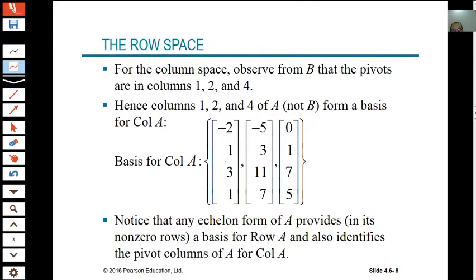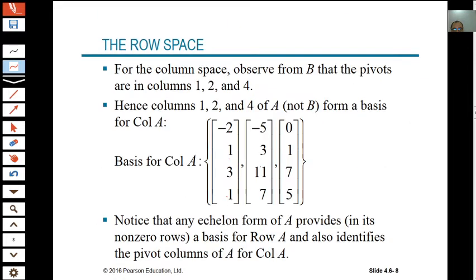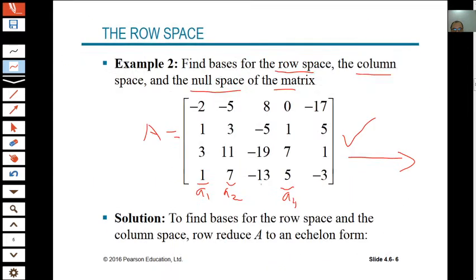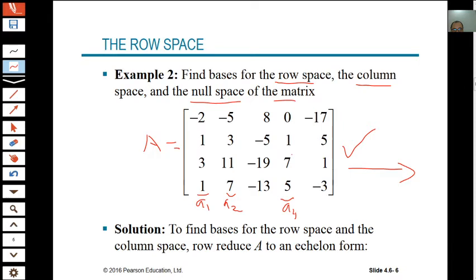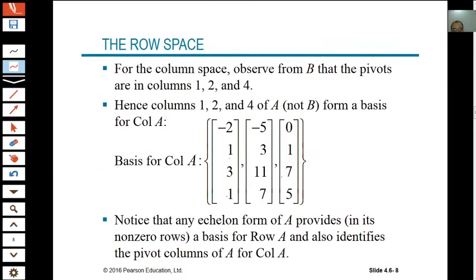You see we write the components of the columns of the matrix A: minus 2, 1, 3, 1; minus 5, 3, 11, 7; and 0, 1, 7, 5.